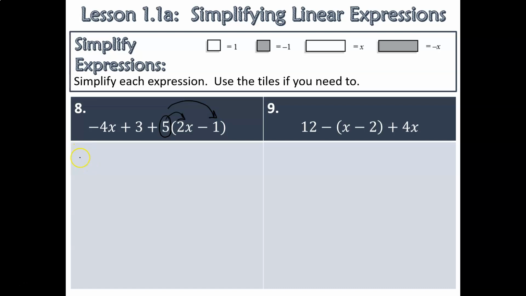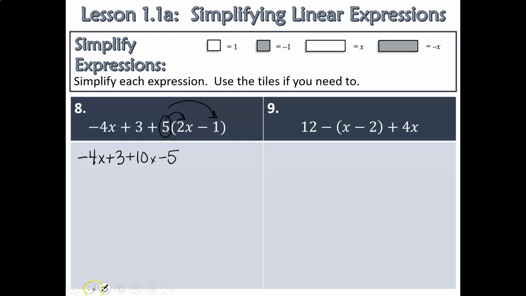I'm going to rewrite the beginning. So 5 times 2x is 10x. 5 times negative 1 is negative 5. So you can squeeze together everything that's like. And when I mean like terms, I mean it has the same variable to the same power.